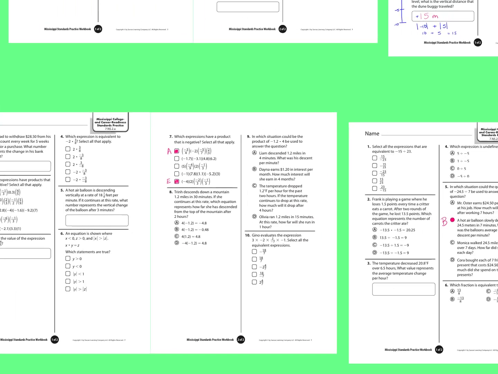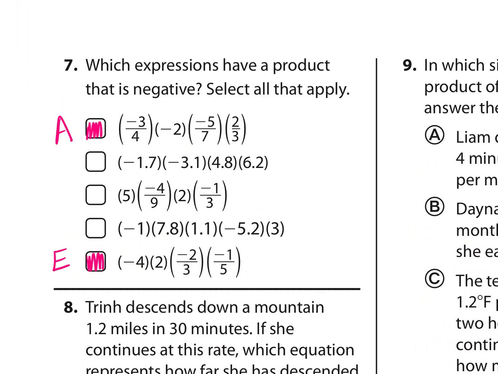For 2a, number 7, which expressions have a product that is negative? Okay, so we have a negative times a negative times a negative times a positive. So we think a negative times a negative is a positive, times another negative is a negative, times a positive is still a negative. On this next one, we have a negative times a negative times a positive times a positive.